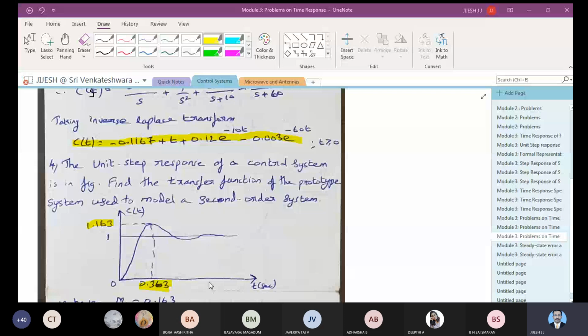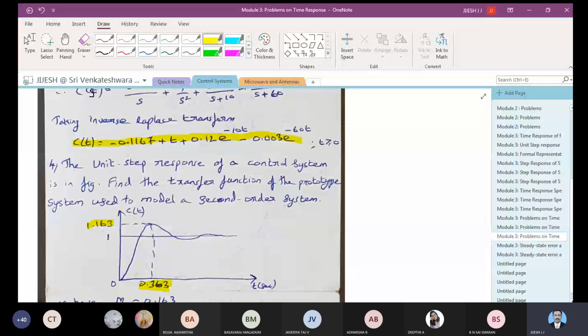How can we go ahead with that? Any idea? Just complete that problem and then we will proceed further. Draw this figure where the values are given, that is, at the maximum peak you are given 0.363.